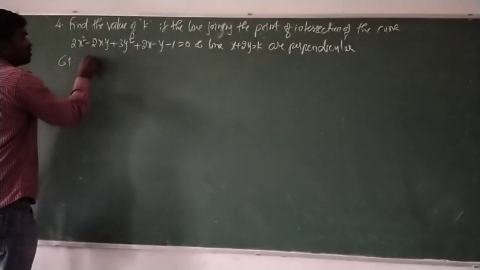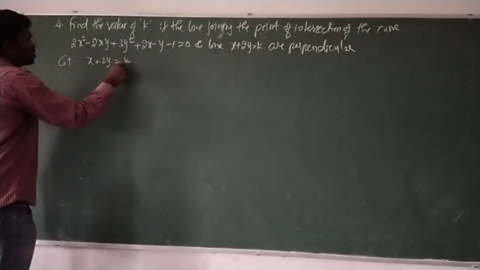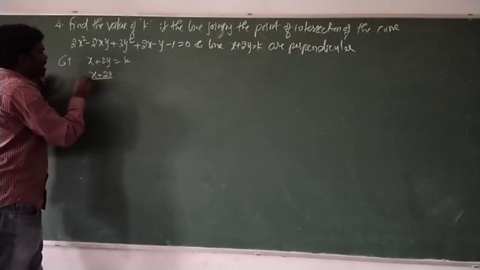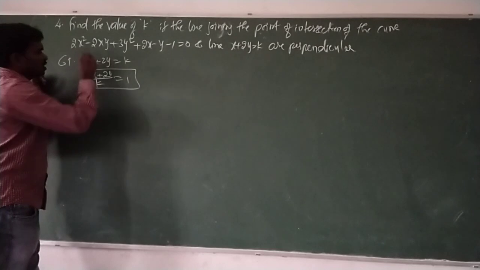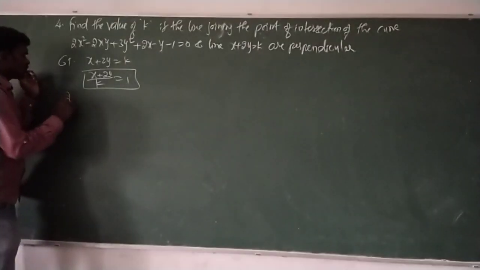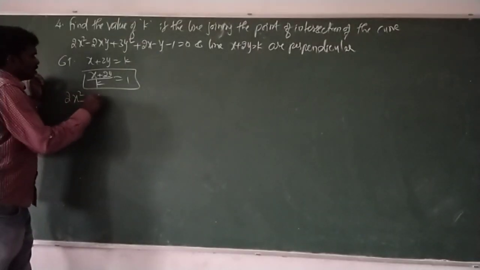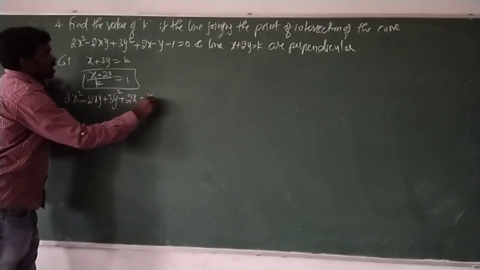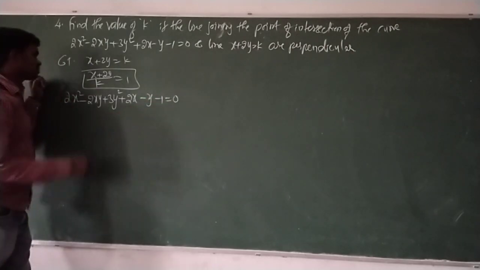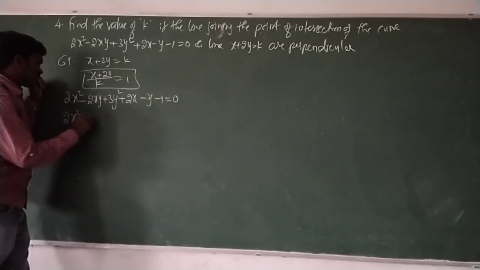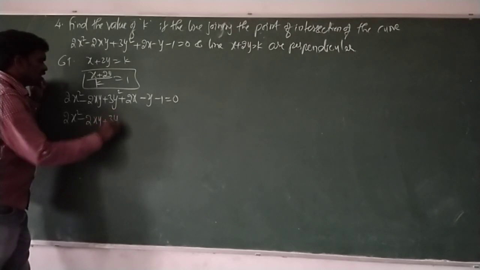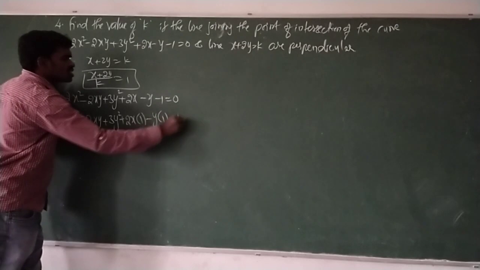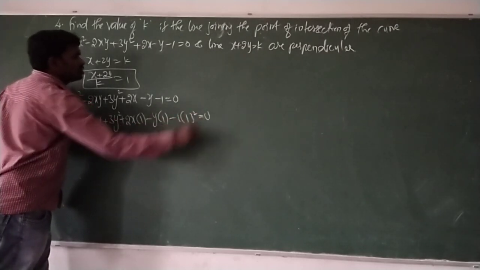Given that, what is the given line equation? x plus 2y is equal to k. So k is there, no? So multiply and divide with k on both sides. We get x plus 2y by k is equal to 1. Okay? Immediately what next? Very good. You already got it. You know how to do. But as my duty I have to do here. So 2x square minus 2xy plus 3y square plus 2x into 1, minus y into 1, minus 1 into 1 square equal to 0.